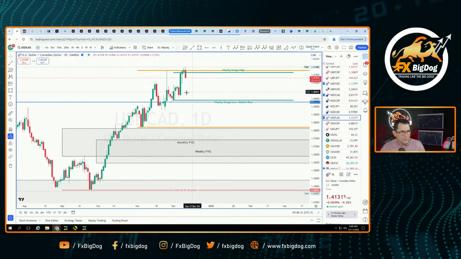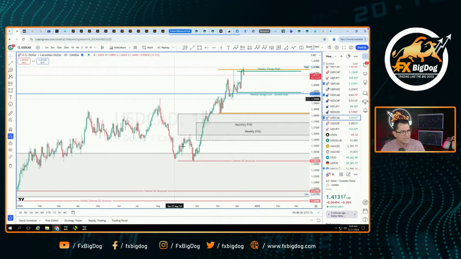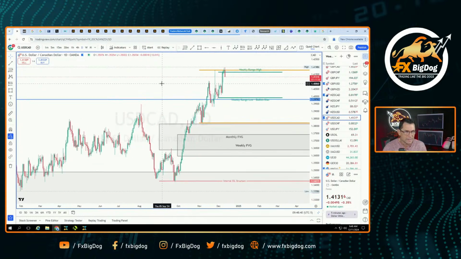Now, as everyone has noticed, traders, we have been in a huge rally here on US dollar CAD. And believe me when I tell you this, price is anxiously looking to reach for liquidity that was generated on this upward move. If you take a look over here, as price rallied up, these lows right here are generated liquidity.